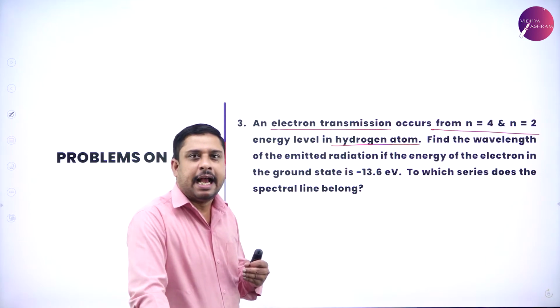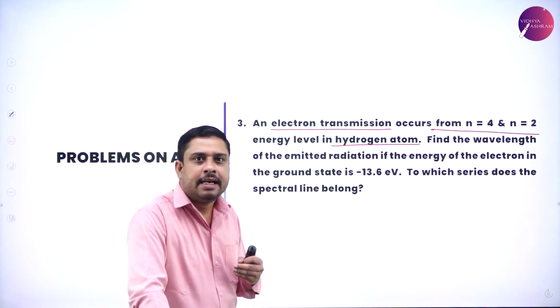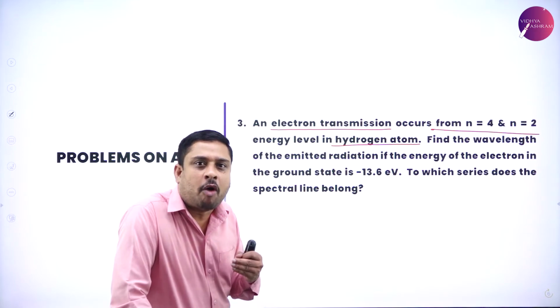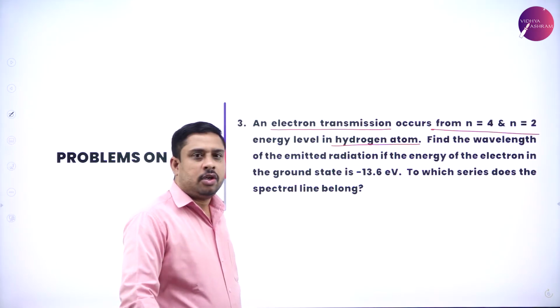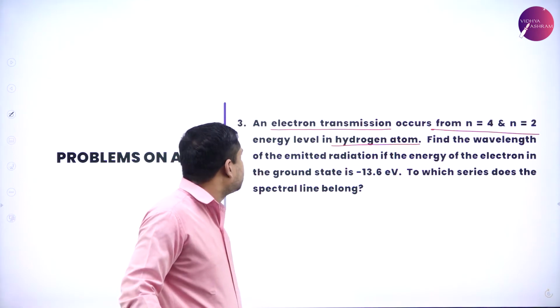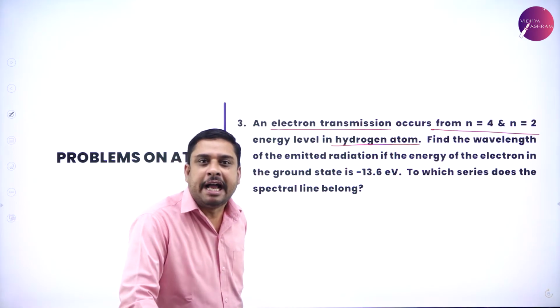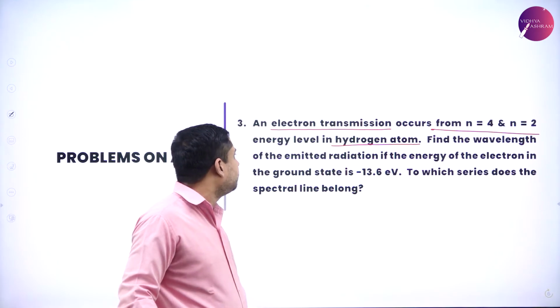So, an electron is jumping from the 4th orbit to the 2nd orbit of the hydrogen atom.